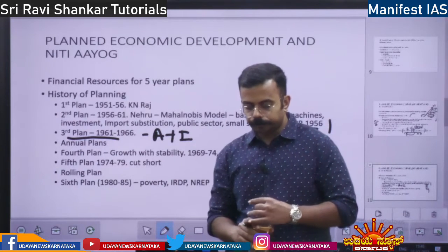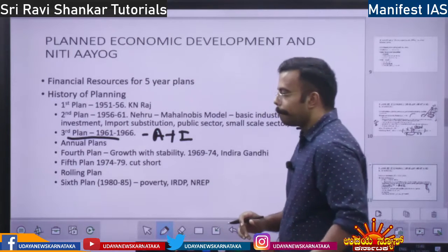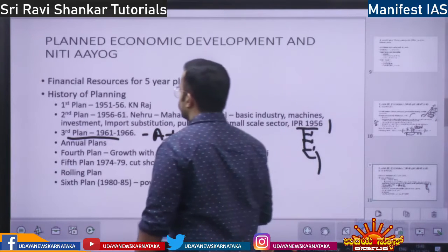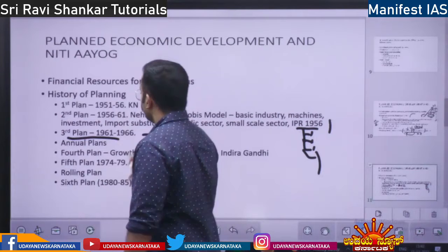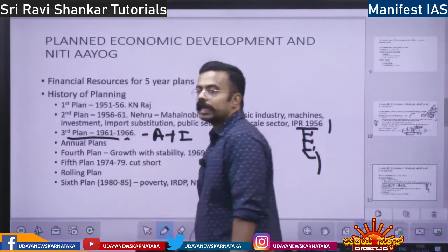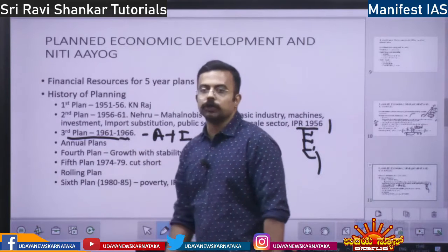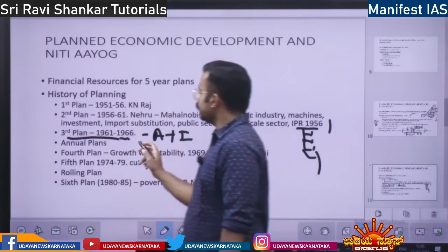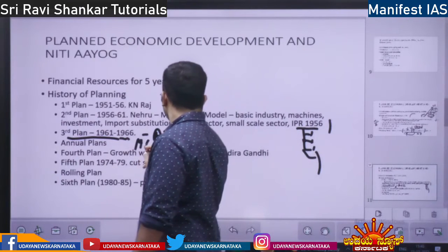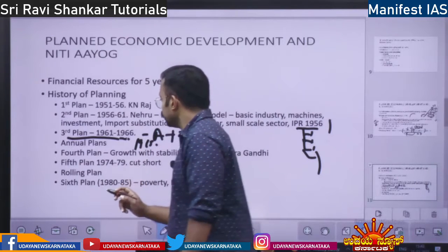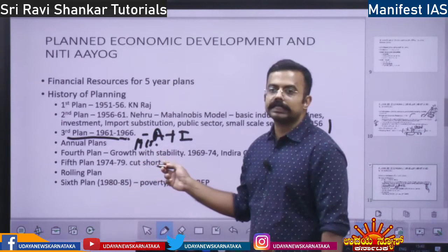During the third plan, the Indo-China war happens in 1962, and in 1965 there is a war with Pakistan.